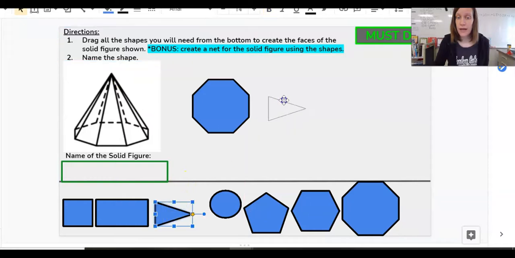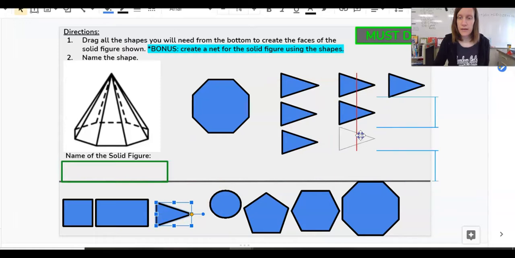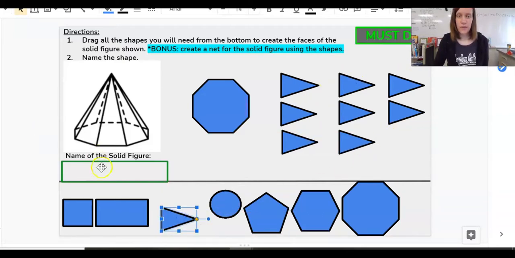So I would bring 8 triangles up here because it says drag all the shapes you need to make the solid figure. So I'm dragging 1 octagon and 8 triangles. Oops, that's too many. 1, 2, 3, 4, 5, 6, 7, 8. So I know this is an octagonal pyramid.